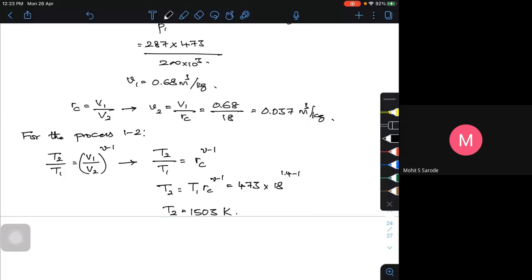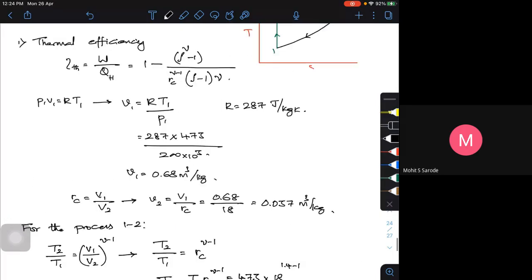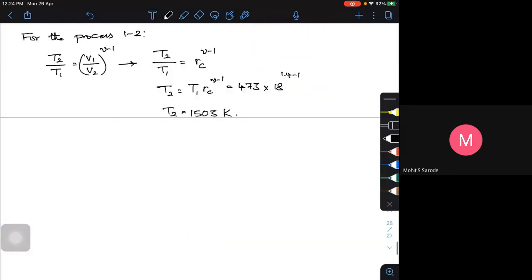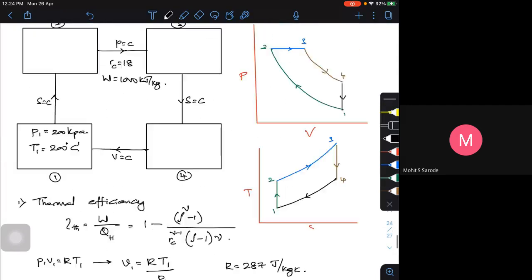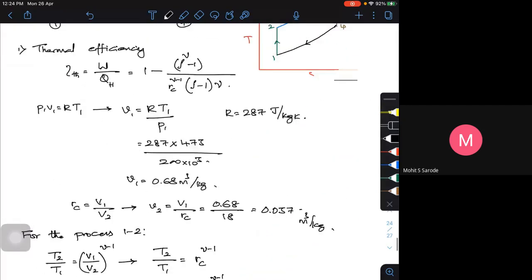Fine. Now, what is the work done? Work done is nothing but heat supplied minus heat rejected. Only one of the data is missing. Work done is 1000 kg.